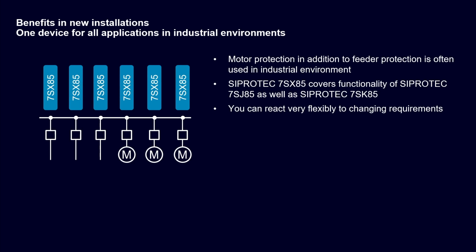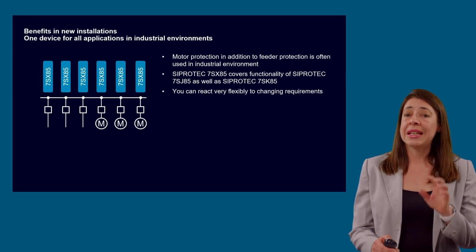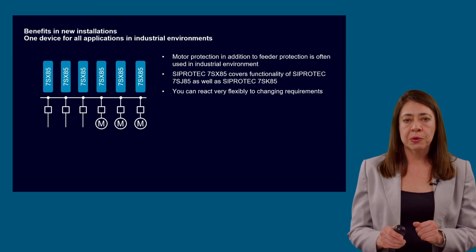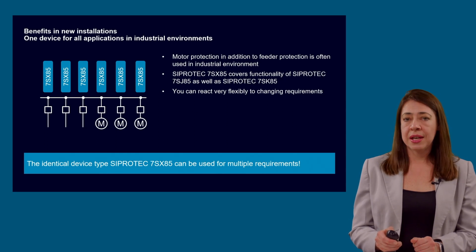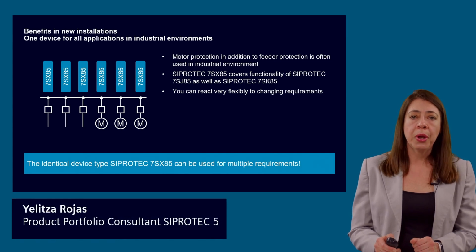This is also valid for industrial facilities where predominantly two types of bays are found: motors and feeders. The 7X85 can cover both functionalities. You can take the same hardware and adapt it to the different applications. The identical device type SIPROTEC 5 7X85 can be used for multiple requirements.